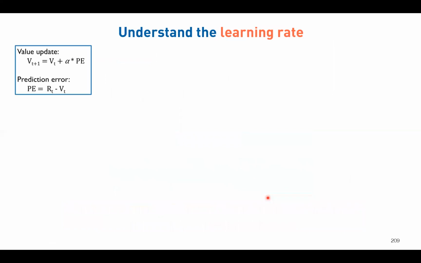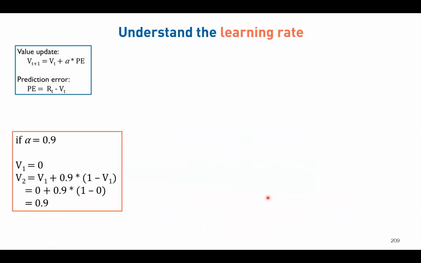I guess people like examples, so we can see one example here. Assuming that the value of the learning rate is 0.9, and also assuming that the initial valuation is 0, after receiving one positive feedback, what is the value going to be on the next trial?